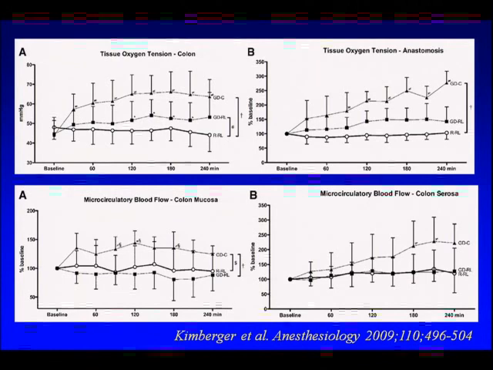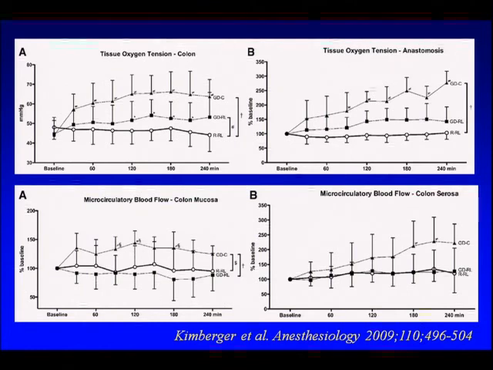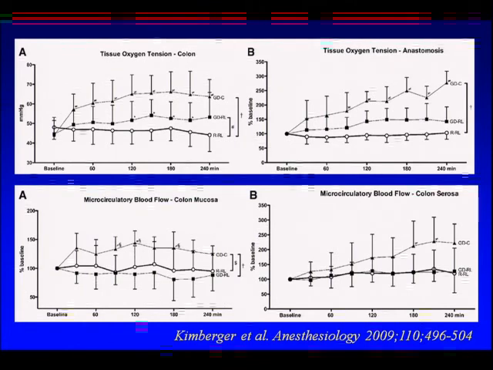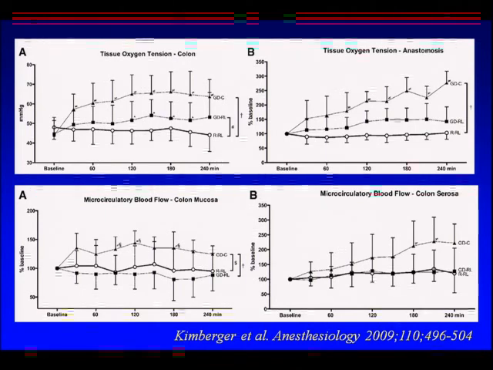Those pigs who had goal-directed therapy targeting a mixed venous saturation of above 60% using colloid had the most increase in tissue oxygen tension as well as microcirculatory blood flow in the colonic mucosa, suggesting that these pigs were much more effective in terms of delivering oxygen, therefore had an increase in oxygen delivery, and therefore the tissue may heal much quicker.